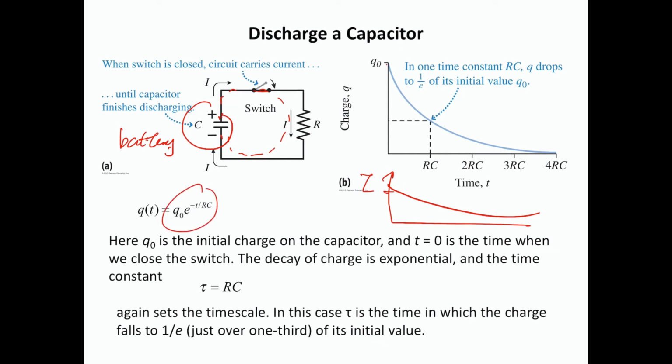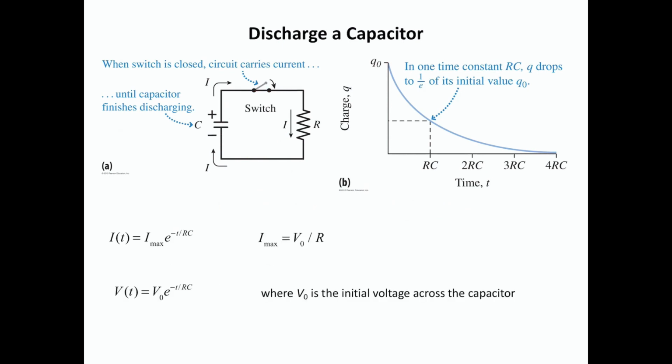The equation, of course, is simple for exponential decay, and same for the current. So the initial current, I naught, is the initial voltage over R. This is your discharge circuit, and the voltage, of course, also drops. That's it, and we will stop here today.